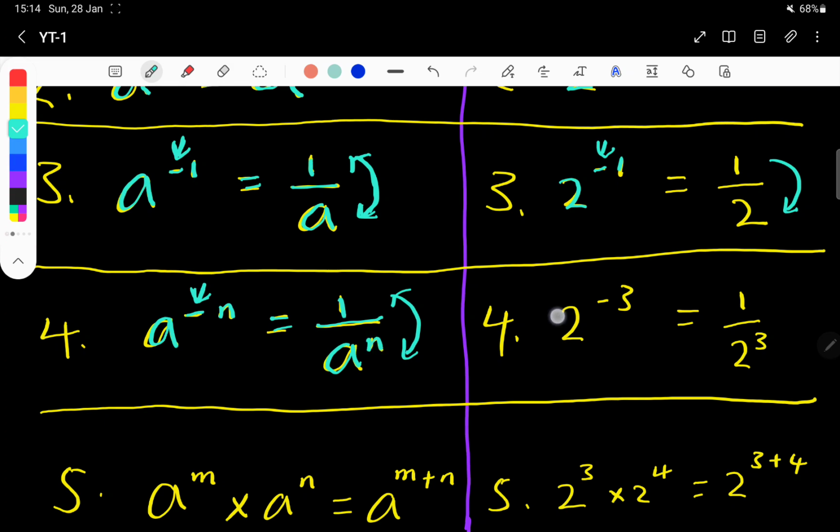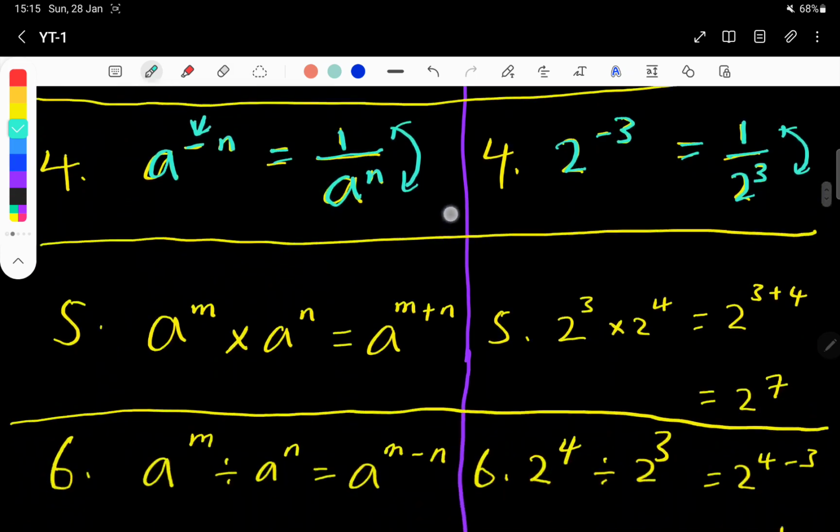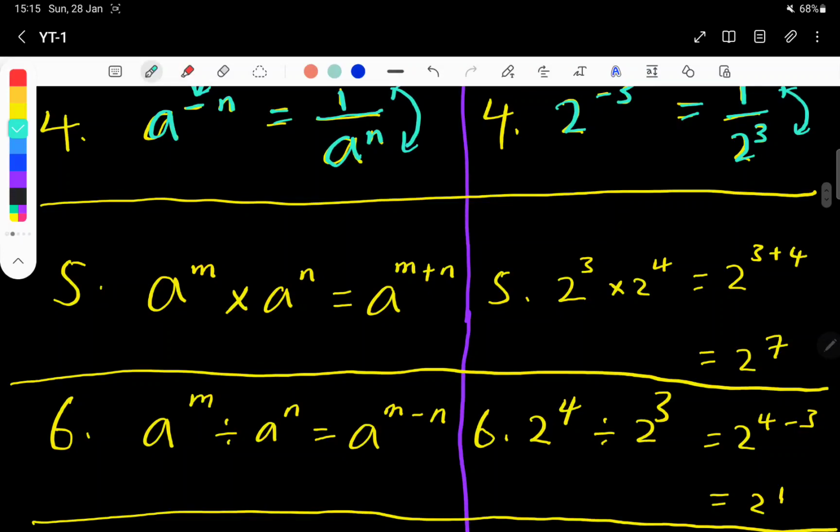Okay, for example, let's say you have 2 power of negative 3. What you get actually is upside down it, so that's why you have 1 over 2 power of 3. Easy?